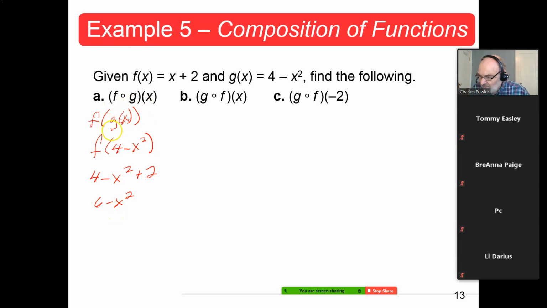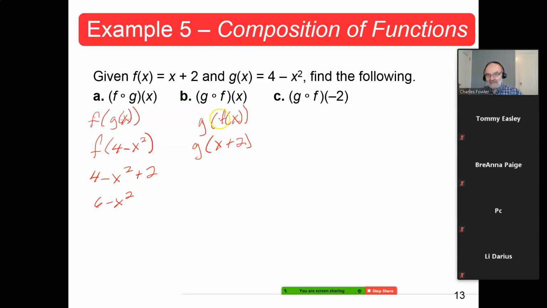Okay? Now, let's do it the other way. G of F of X. Well, what does that mean? G of F of X. Close, close. Well, you put the innermost part in first, so you leave the G alone for now. G of x plus 2. That's what the F is. Okay, right?